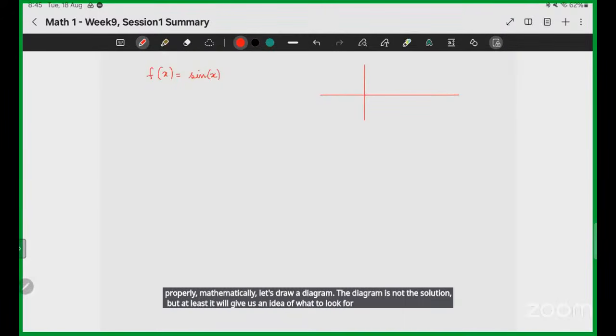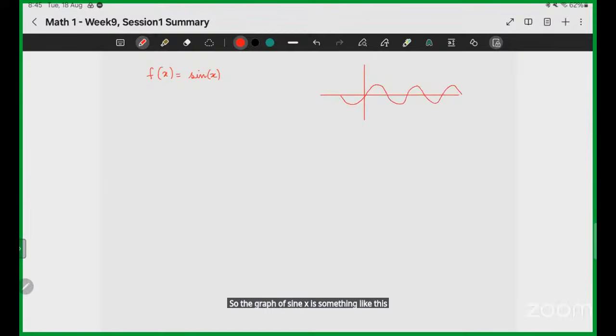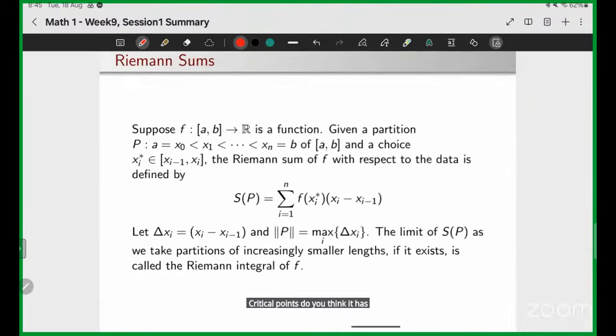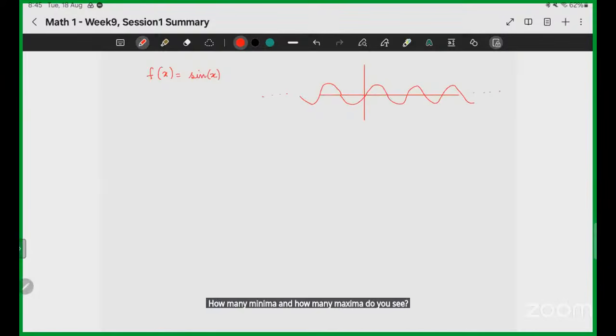So the graph of sine x is something like this. How many critical points do you think it has? How many minima and how many maxima do you see if you just look at the graph? Infinite. Yeah, so every top of the hill is a maximum.